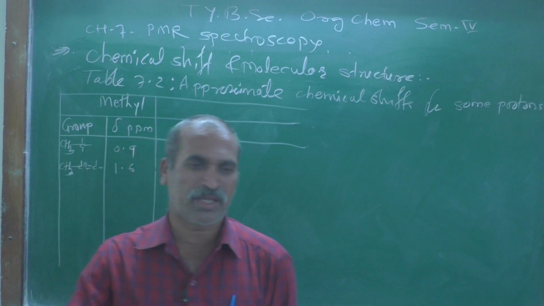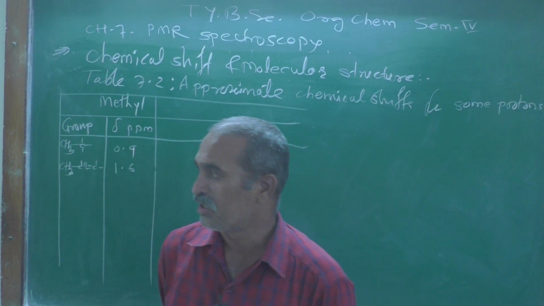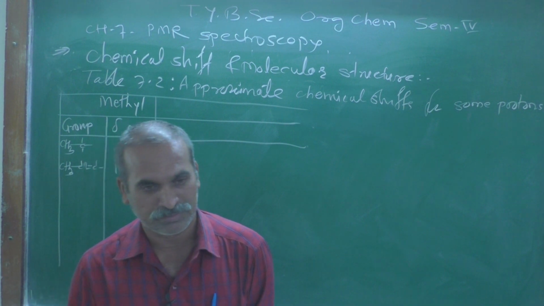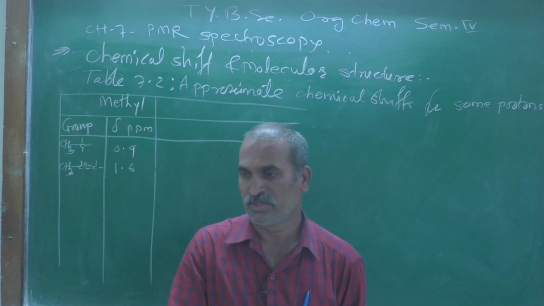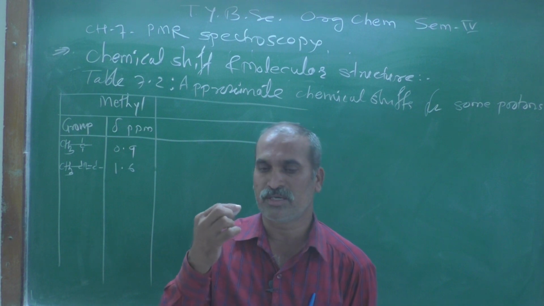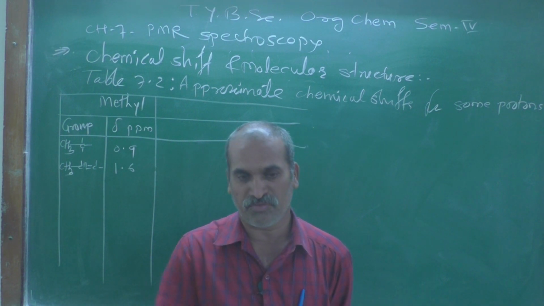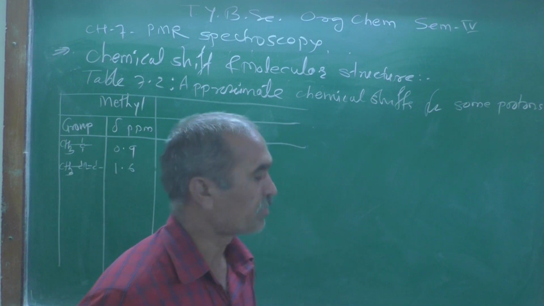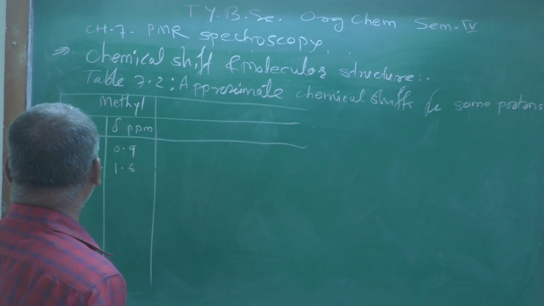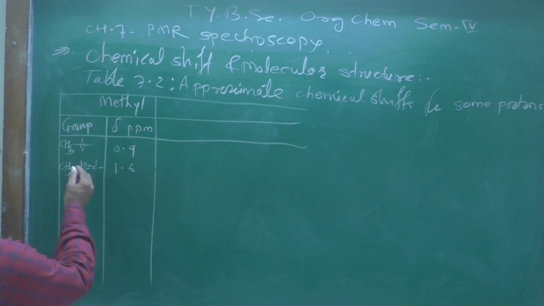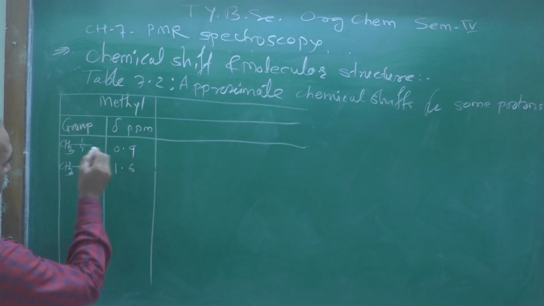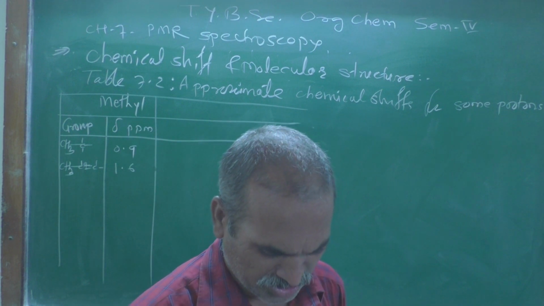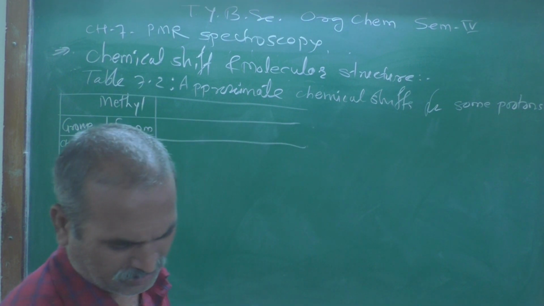What do you mean by the anisotropic effect? Anisotropic effect means an unequal distribution is developed when an external magnetic field is applied, and it generates this type of situation, and we get this deshielded effect.